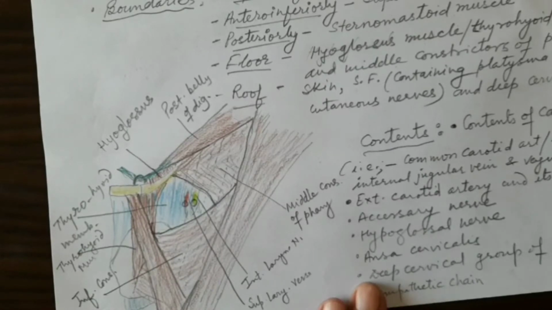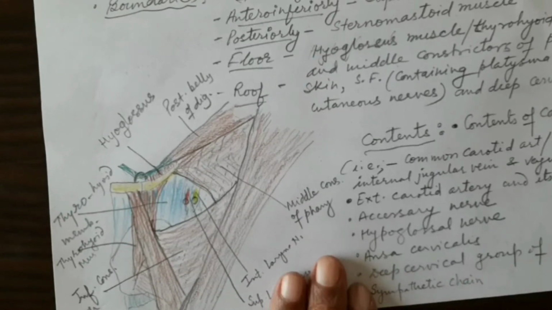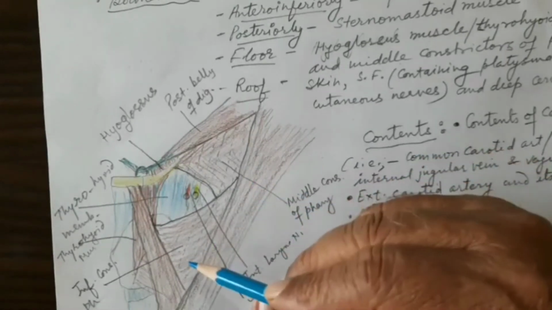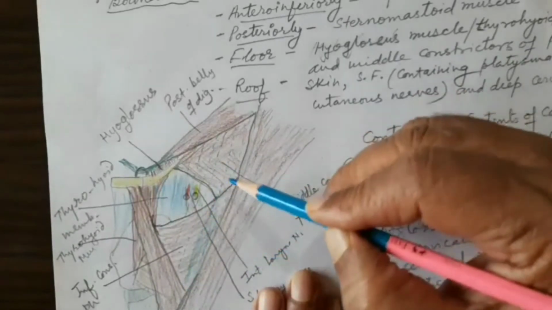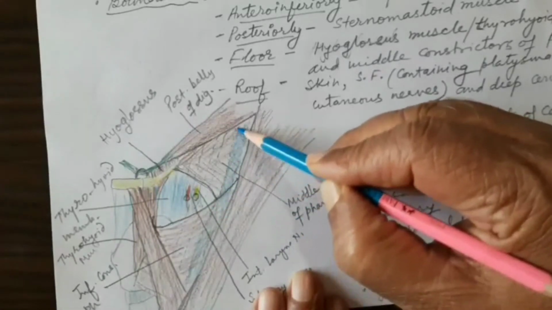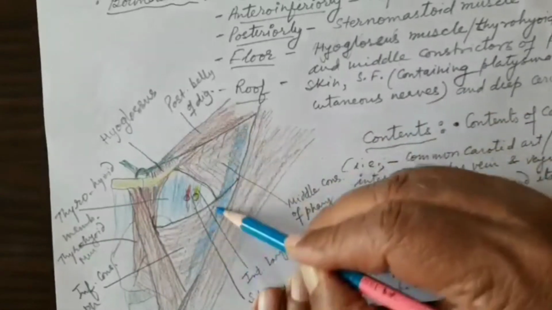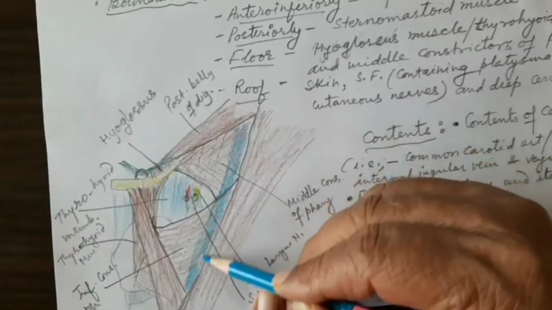Let us come to the first important content, the internal jugular vein, which lies beneath the anterior margin of the sternocleidomastoid. As I said, we have pulled the margin of the sternocleidomastoid backward so as to completely expose this internal jugular vein, which runs in the most posterior part.